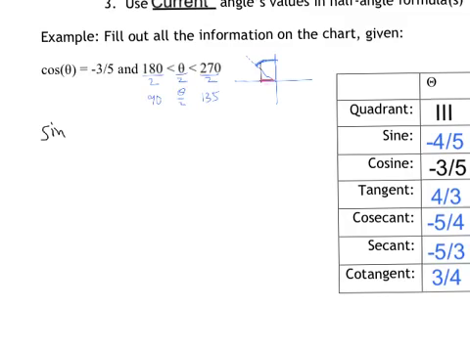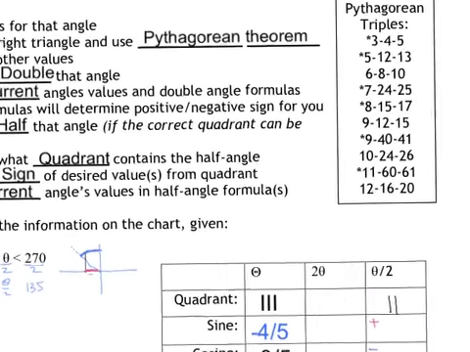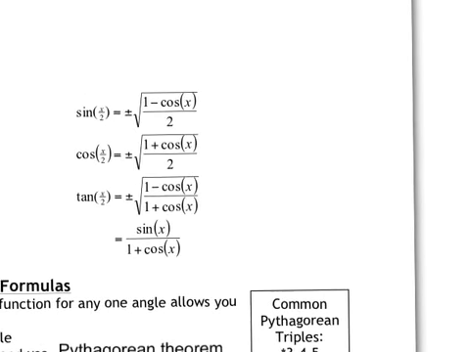Sine of theta halves is equal to the square root of 1 minus cosine of theta all over 2. I'm going to check and make sure I've got plus minus right. Yep, sine is minus. The cosine value is the same work but with a plus sign instead.